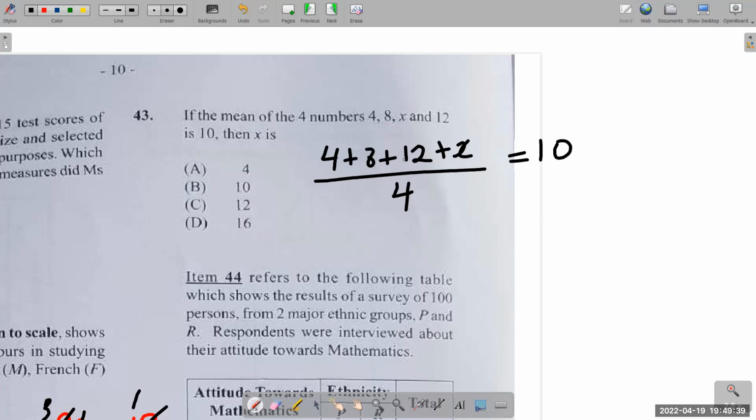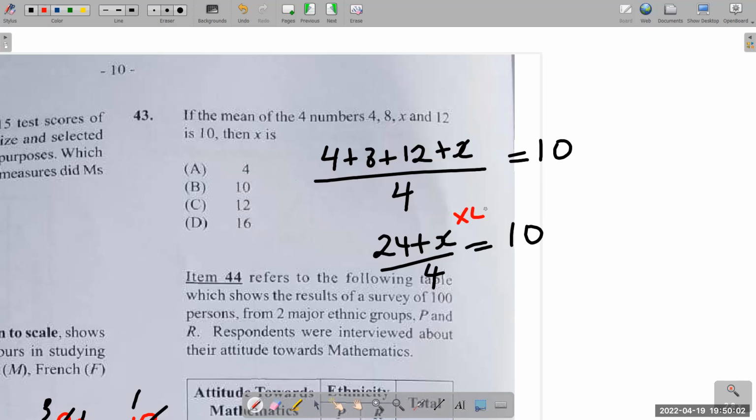First of all, let's simplify the top. Let's add up here. When I add this and this, I get 24 plus x over 4 is equal to 10. Everybody agree with this? What do you get rid of next? We don't get rid of the 4 next because we can't add x and 24. So we should focus on the 4 now.